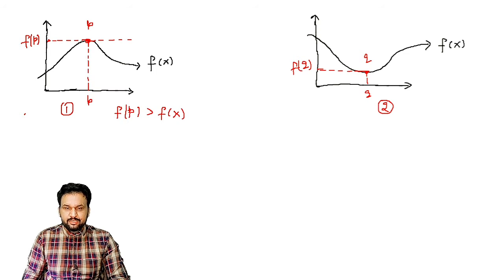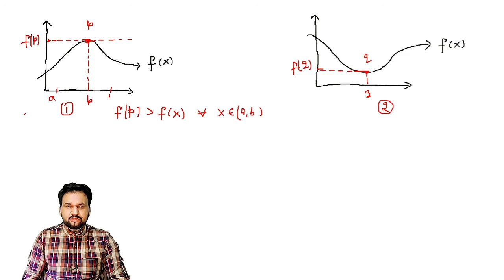At point p your function always gives a greater value. So for all x, whatever the interval is, if you have some interval you can write x belongs to the interval a comma b, and if no interval is given, you can write for all x.